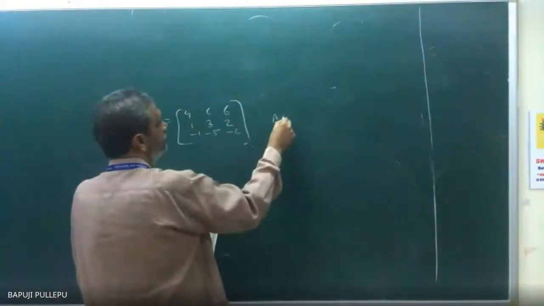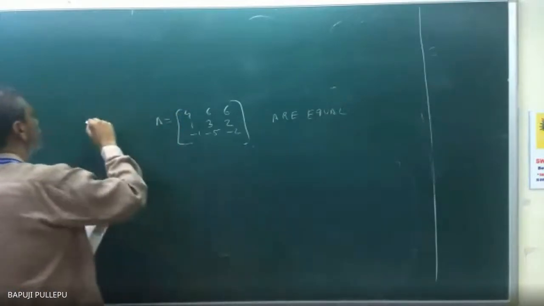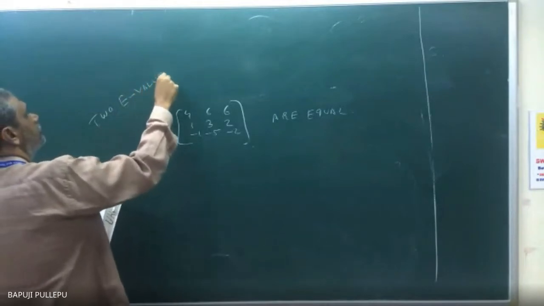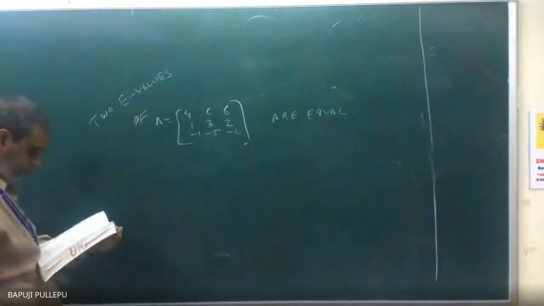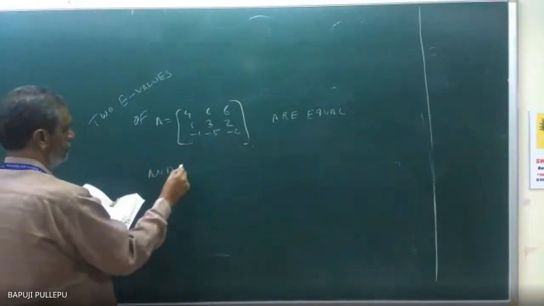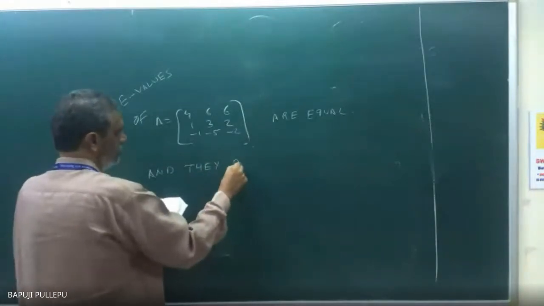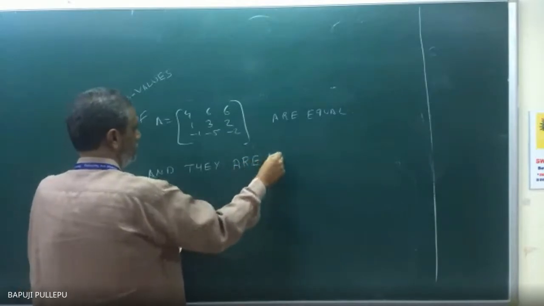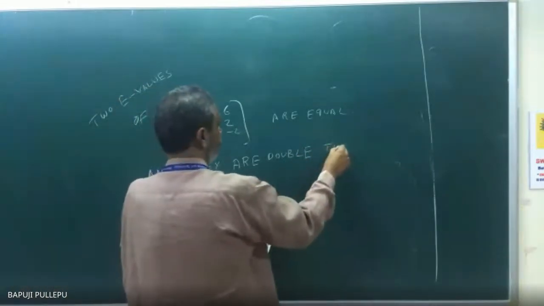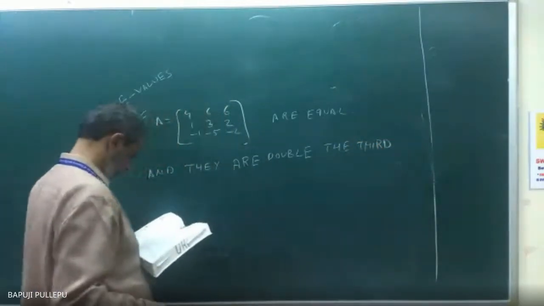Two eigenvalues are equal, and they are doubly the third.